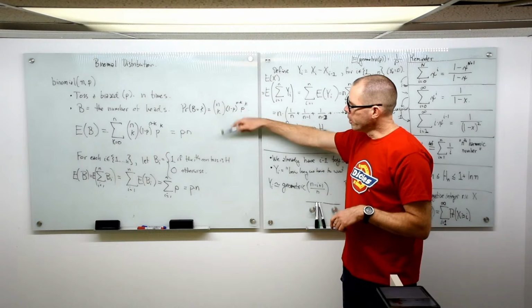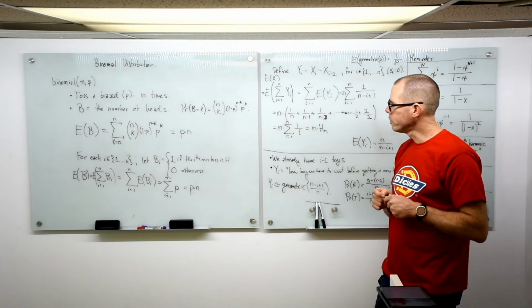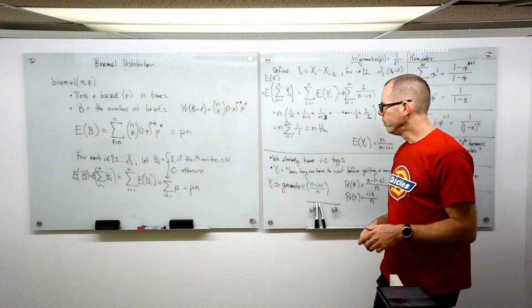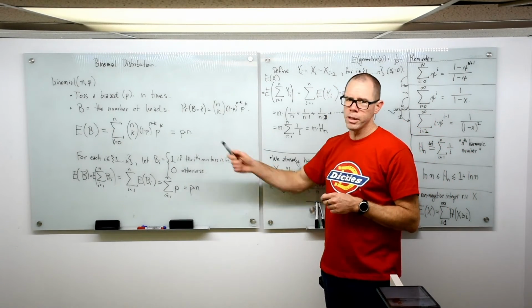All right. So these binomial things, you will see them later in this course and in later courses. For now, see the unsurprising result that the expected value of one of these things is p times n.